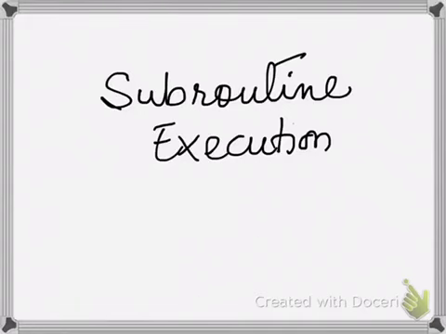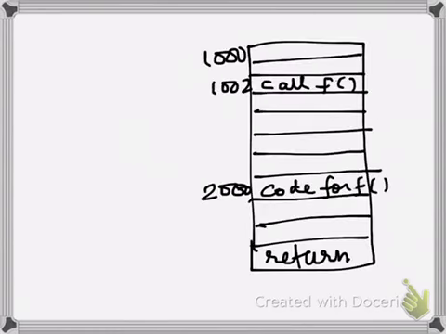Hello everyone. In this lecture we are going to look at subroutine execution in the fetch, decode, execute cycle. Subroutines, as you are aware, are a set of instructions which are considered as a single unit. If we take this example, this is your main memory, and here you have some code loaded.